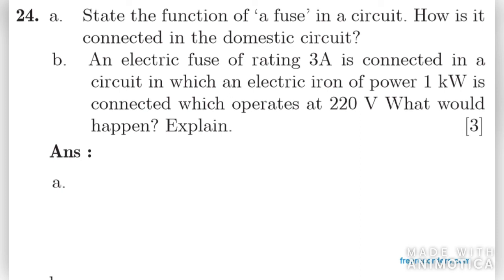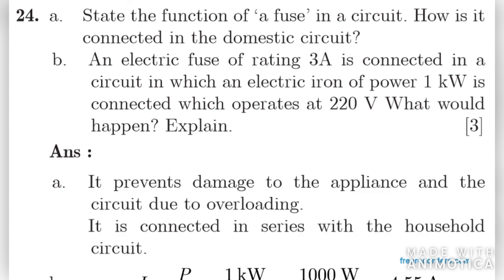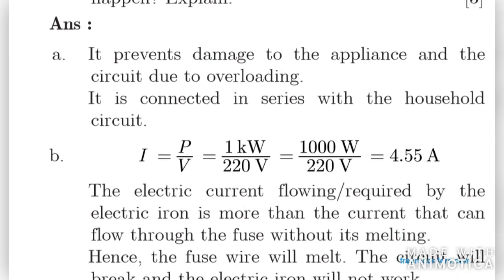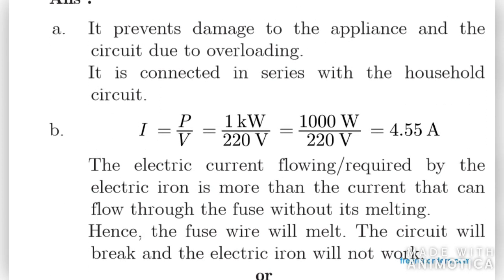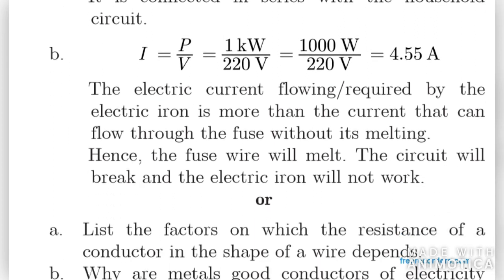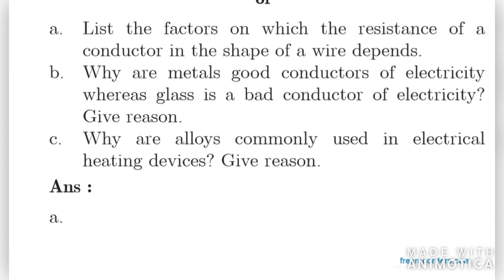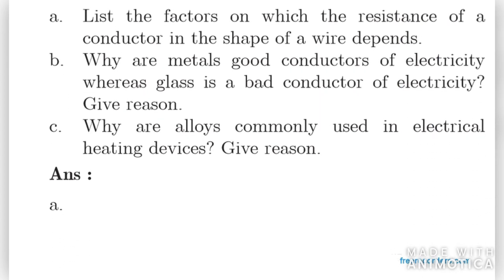So if there is a huge current flowing through it, it will melt down and there won't be any current in the circuit. So here we have the solution of question number 24. You can note down if you want to. This is all about question number 24.